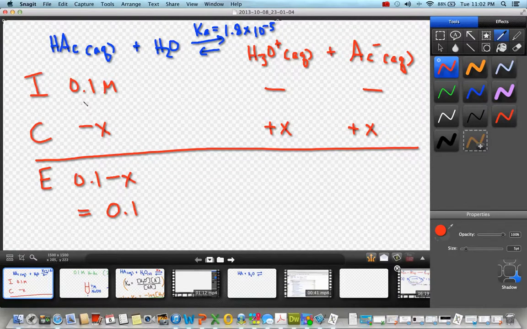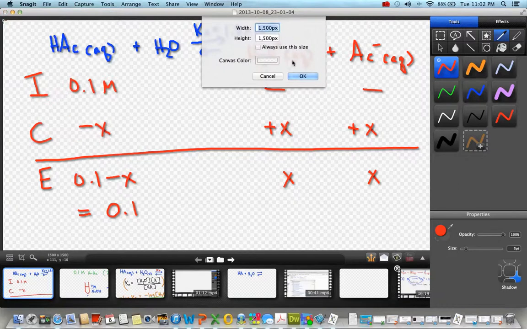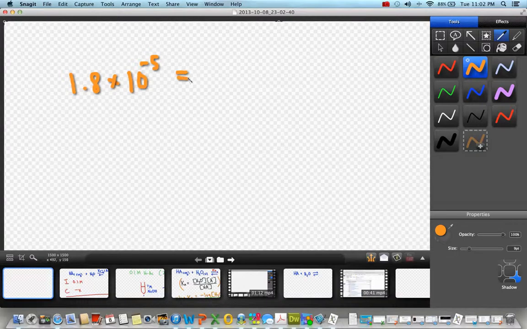again, because our initial concentration is much larger than our Ka, and I'll have X for each of my products. Now applying the equilibrium constant in terms of reactants and products, we get 1.8 times 10 to the minus 5 equals X squared over 0.1.